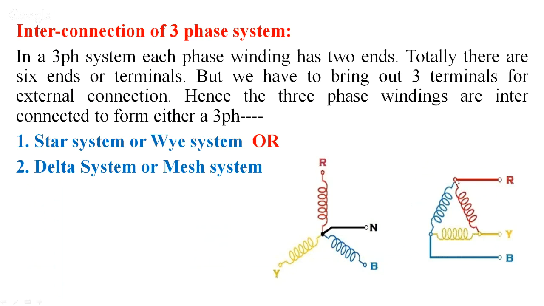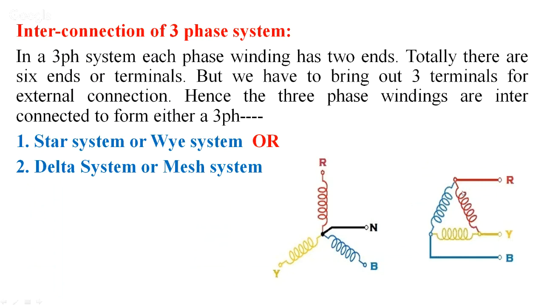Here you can see the 3 windings. Red stands for the R phase, yellow stands for the Y phase, and blue stands for the B phase here. So R, Y, B. You can observe here the 3 windings are connected in such a way that the dissimilar ends have been connected together.